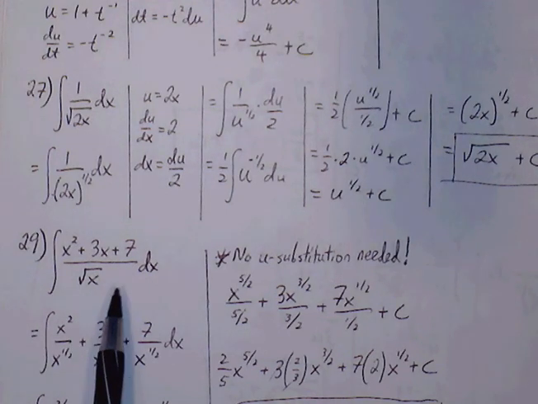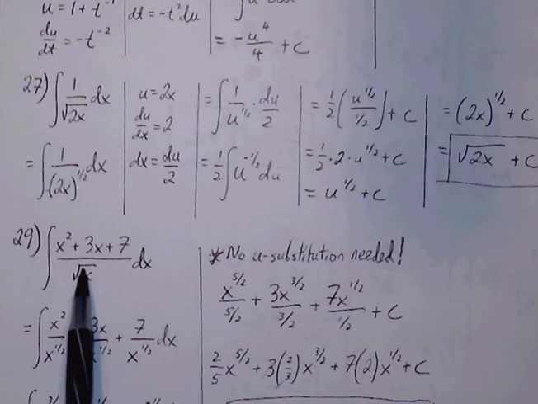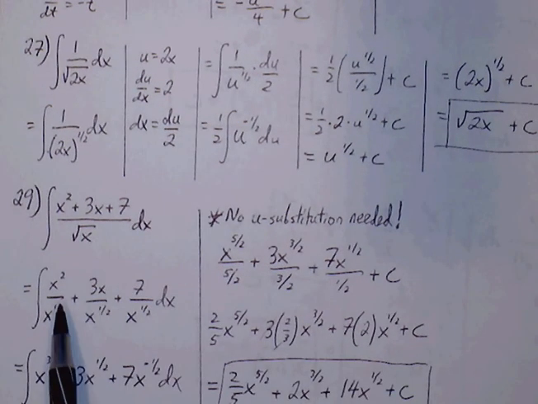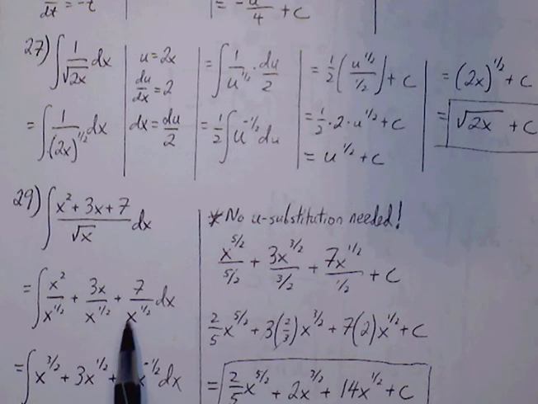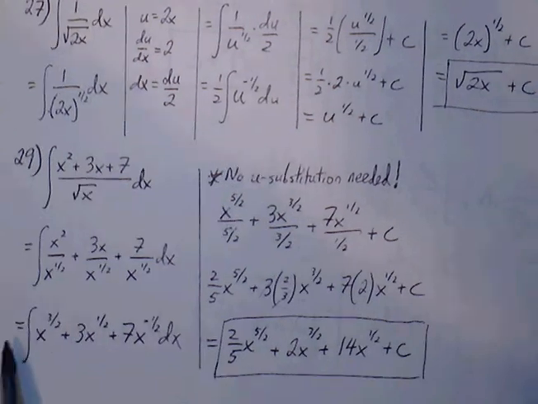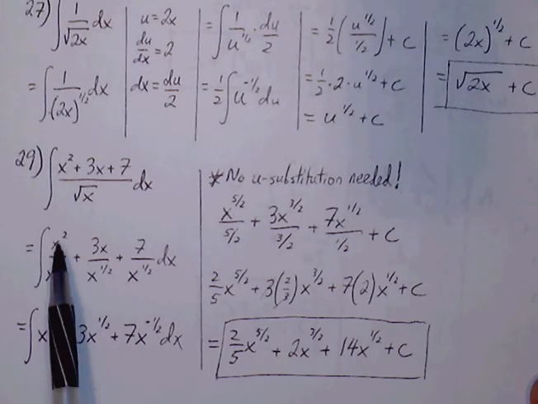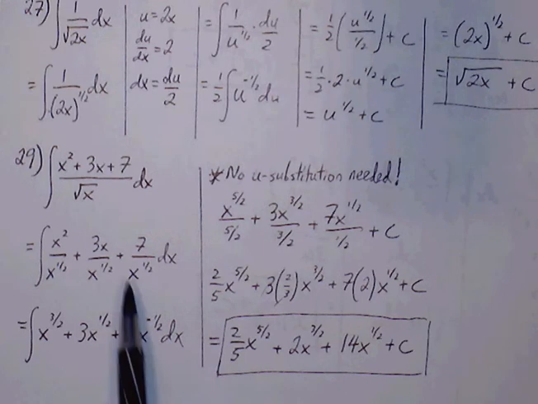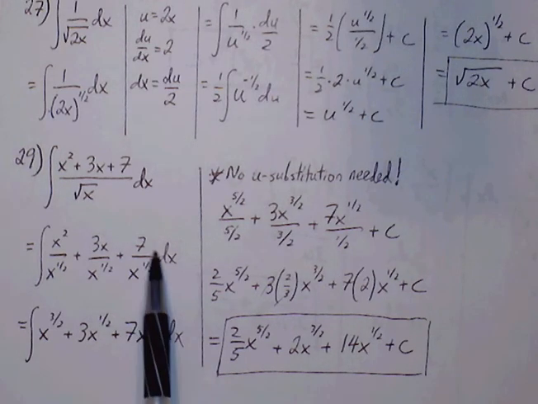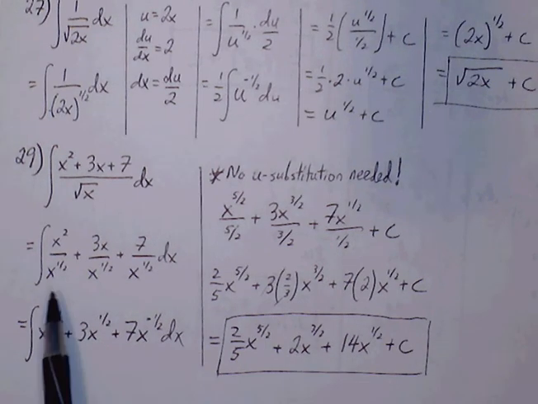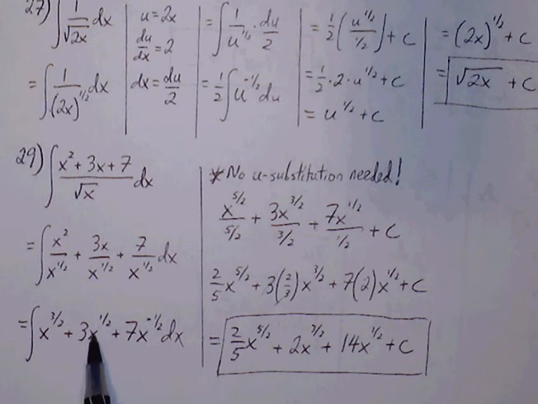But here we can simply go through the power rule, but first we can expand, write it as individual fractions, and subtract exponents because we're dividing like bases. Now, once we have individual terms, we can bring the final x up to the top and get everything ready for the power rule. So everything is written as rational exponents, all the variables up in the numerator, and expanded, no parentheses.